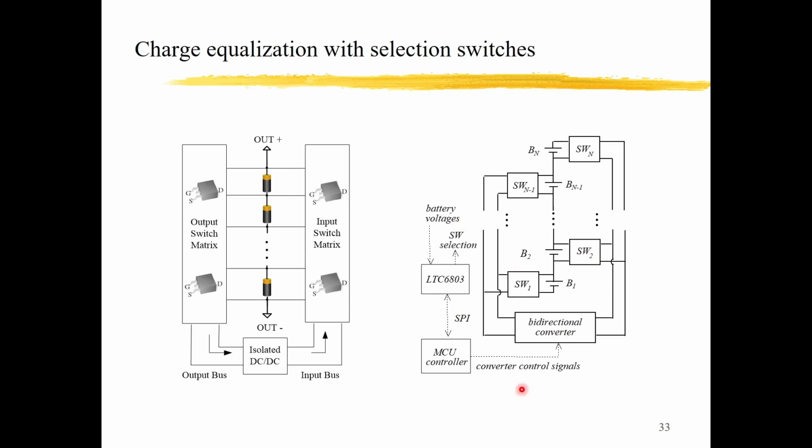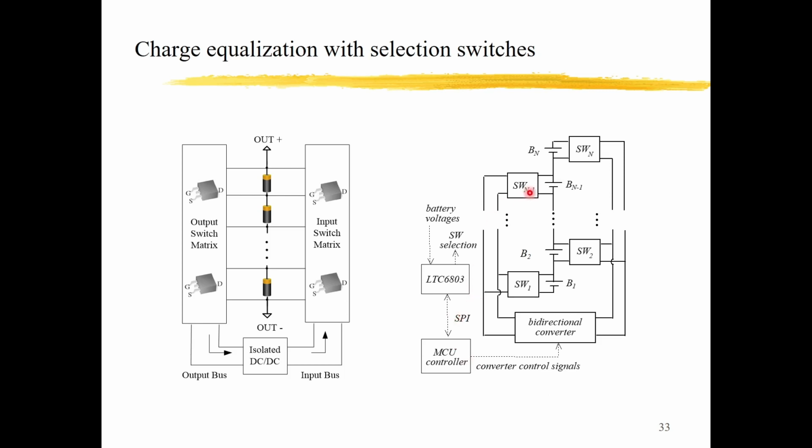And here is the same philosophy. Instead, the converter here is a bidirectional converter. Bidirectional converter means we can transfer energy from this side to the other side and in the opposite direction.